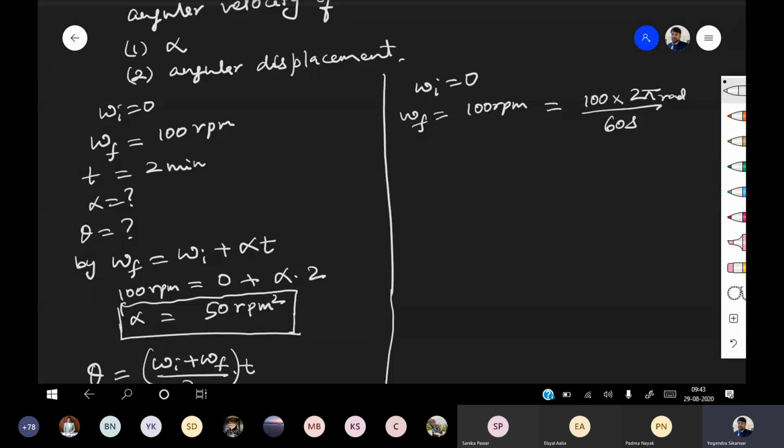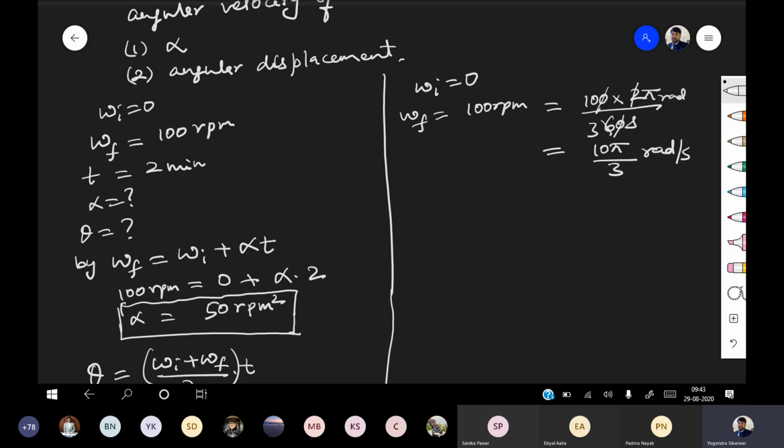So that will be 10 pi by 3 radians per second. Omega final is equal to 10 pi by 3 radians per second.